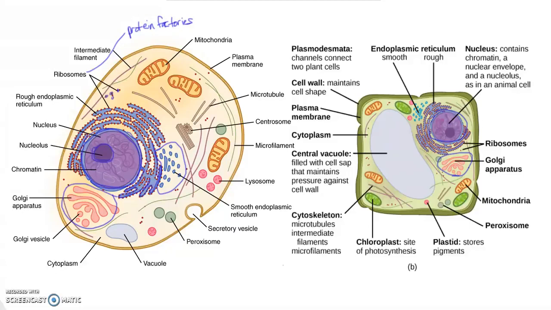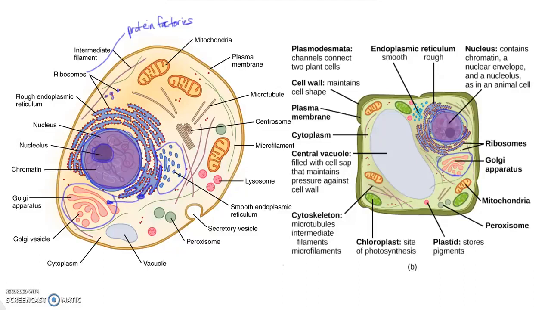So if we're talking about the rough ER, after a protein is produced, the rough ER can pinch off a little piece of its membrane with a protein in it and send that in what's called a vesicle to the Golgi apparatus or the Golgi body. That vesicle will then fuse with the Golgi apparatus, and some kind of modification will occur as it moves its way through the Golgi apparatus.